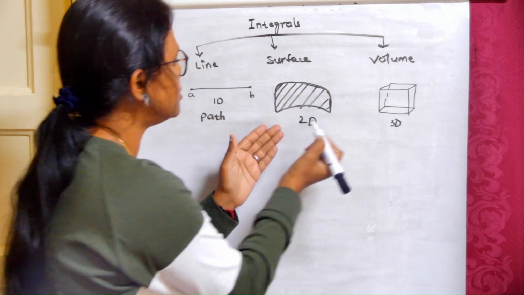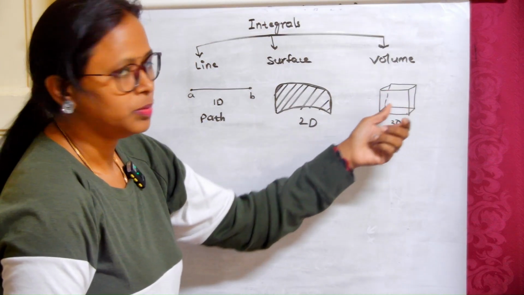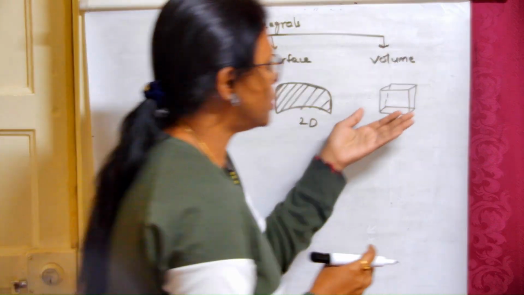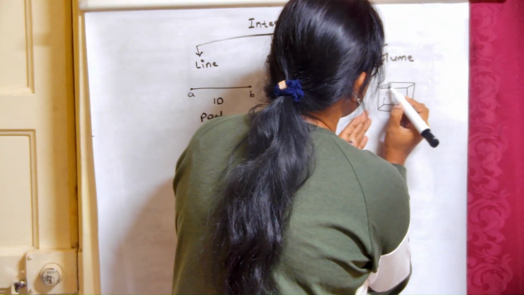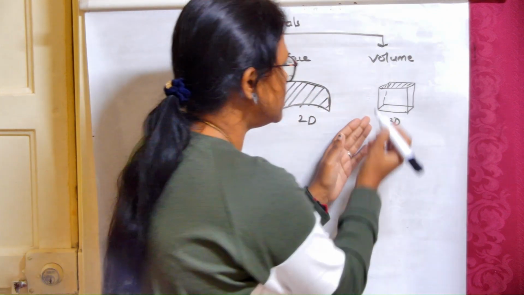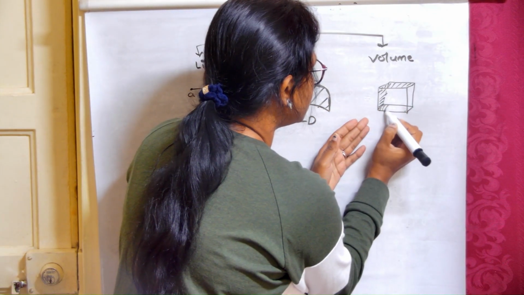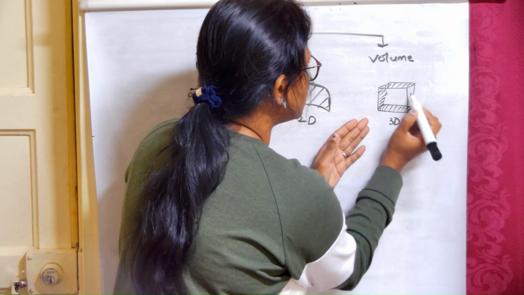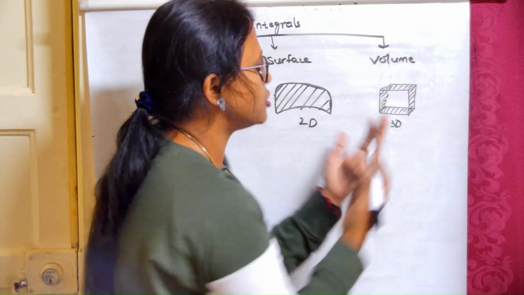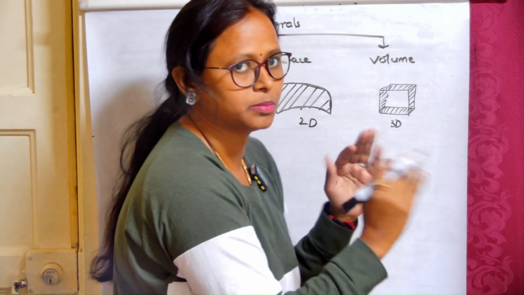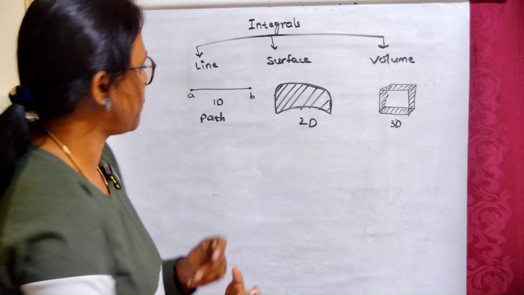Lines are the boundaries of this surface. When we consider volume, the boundaries will be the surfaces. Like this is one surface, this is another surface, this is one more surface. Similarly, front and back are another two surfaces that will cover up that volume or region in the three-dimensional space.